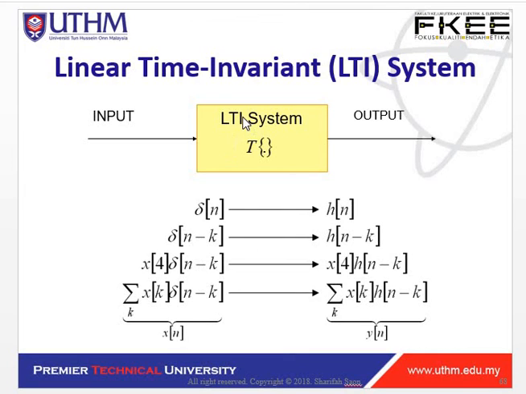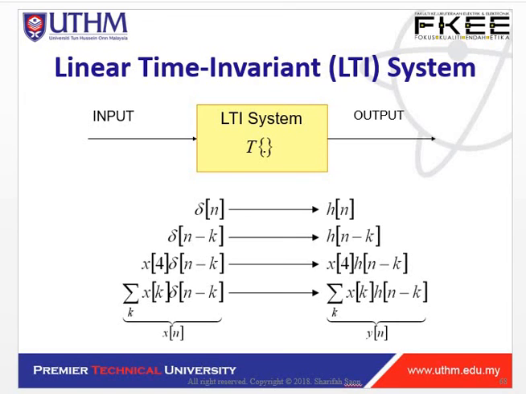So before the input signal x[n] is inserted into an LTI system, the LTI system needs the input. This input is x[n], and then to produce the output, this output is y[n].